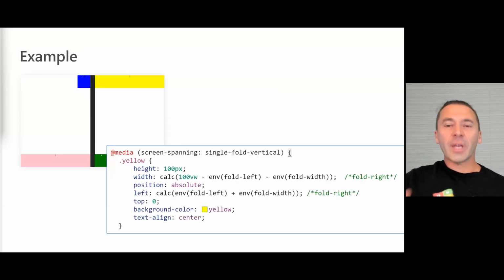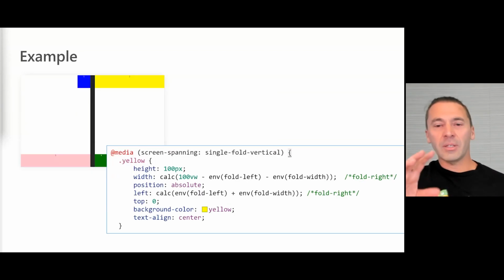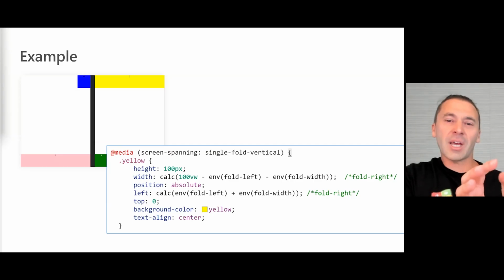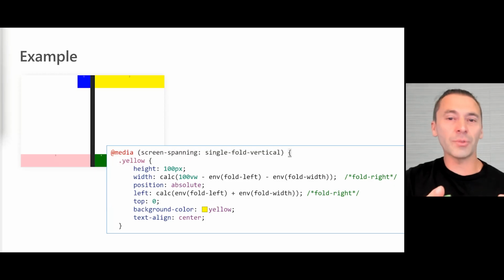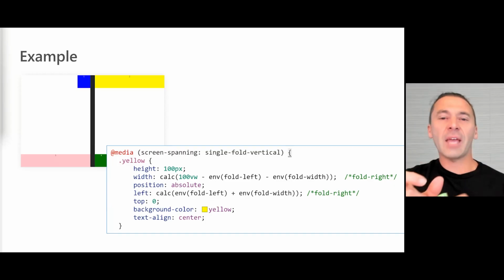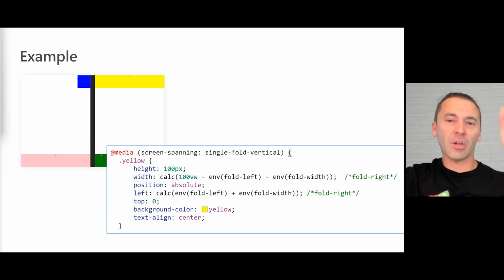So here's a quick example. You can see the colorful boxes on the left, that's a screenshot of a dual screen web browser. And you can see the yellow box sits across the screen and goes up against the edge and against the hinge.